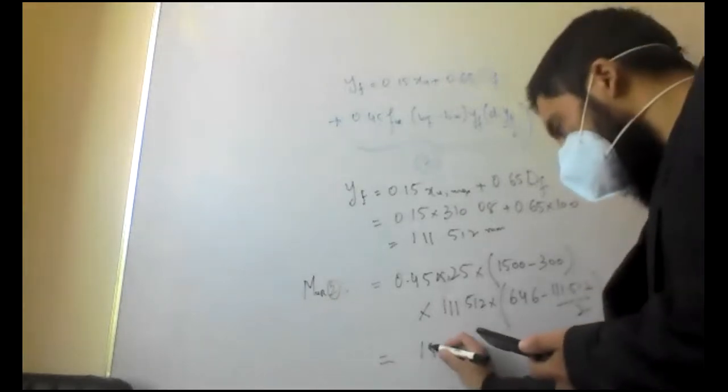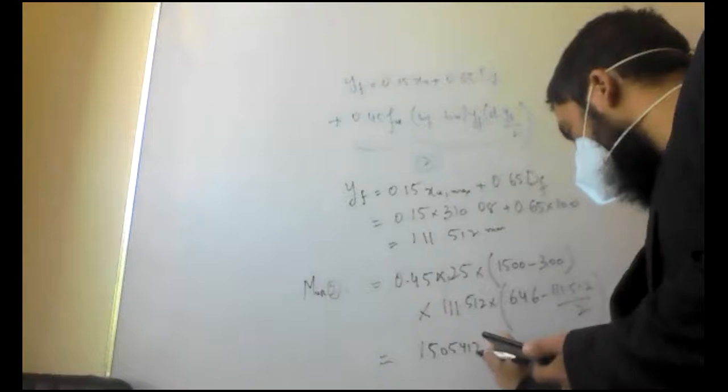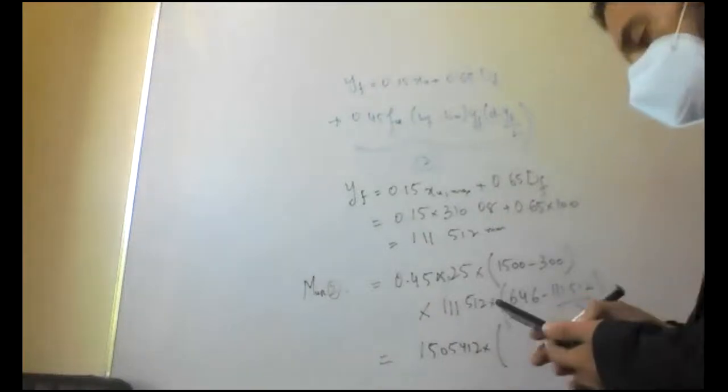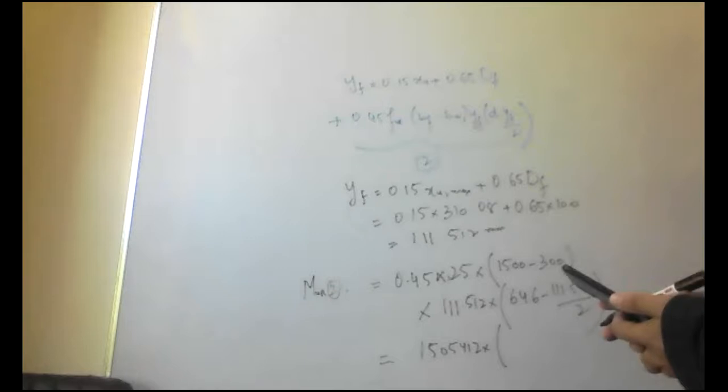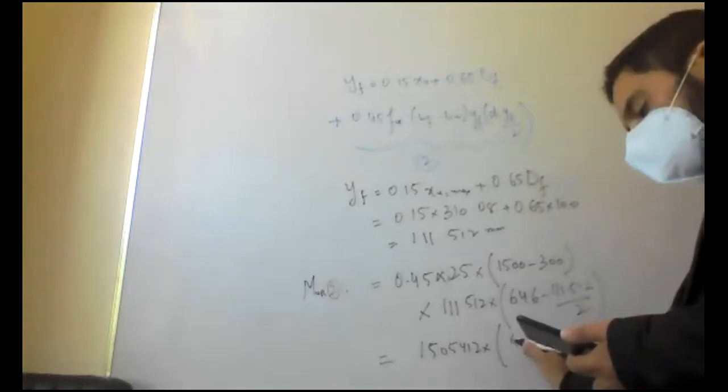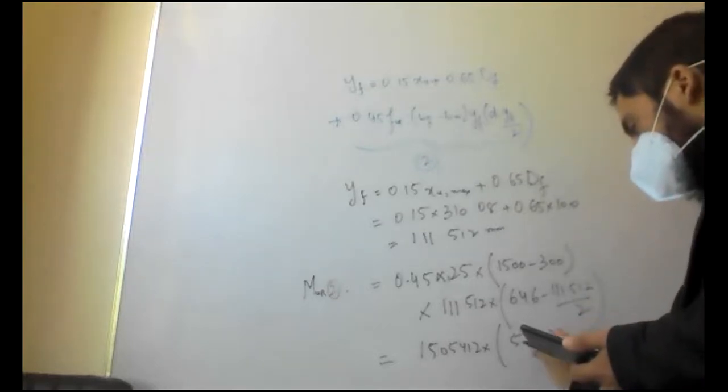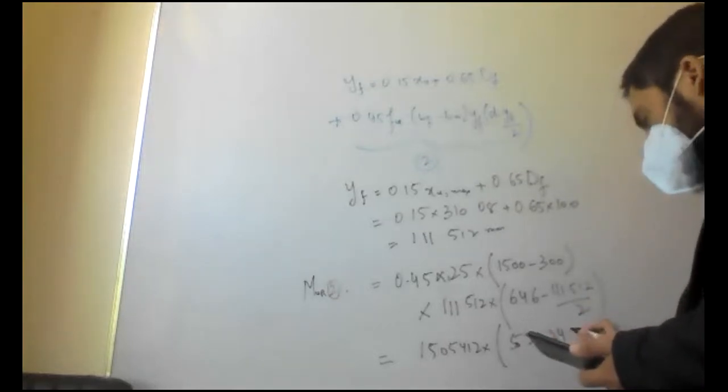This is 1505412 into 646. That's 590.24.